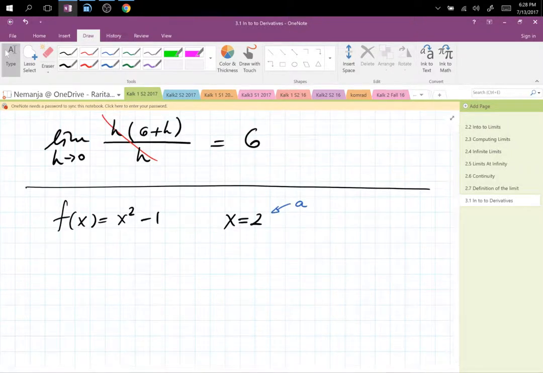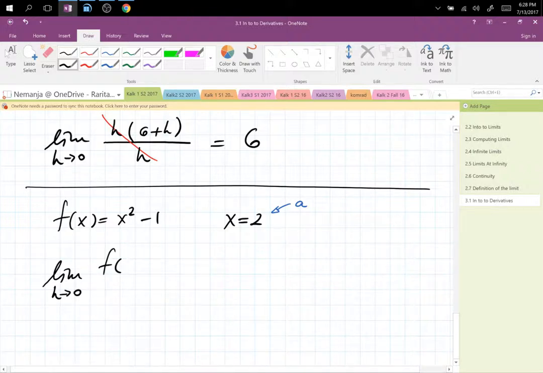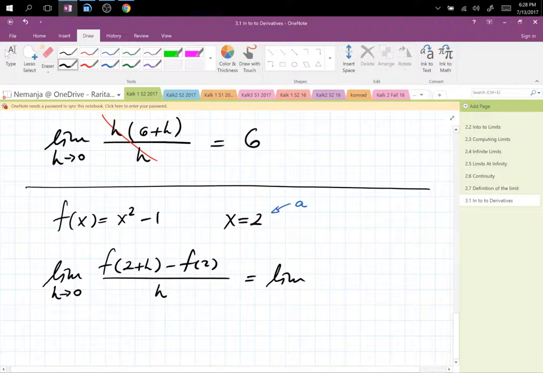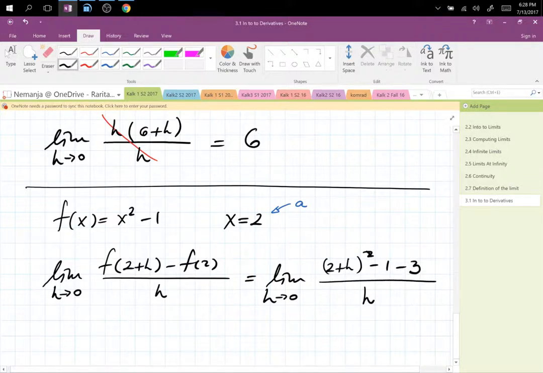So now what does that mean? Limit as h goes to 0 of f of 2 plus h minus f of 2, divided by h, which is the limit as h goes to 0 of (2 plus h) squared minus 1. And then when you plug in 2, that's 4 minus 1 is 3. Minus 3, divided by h.